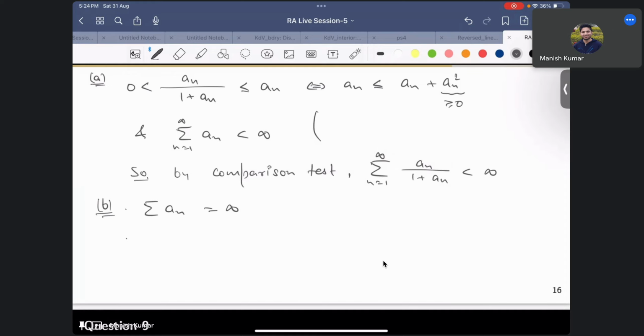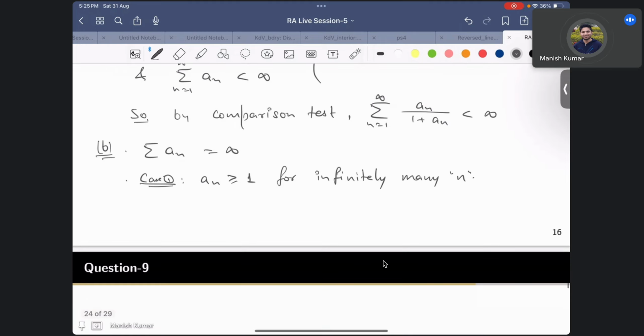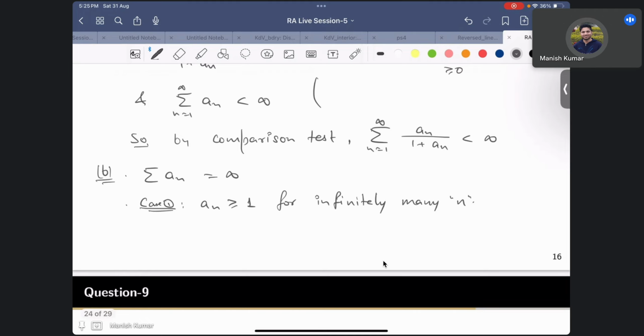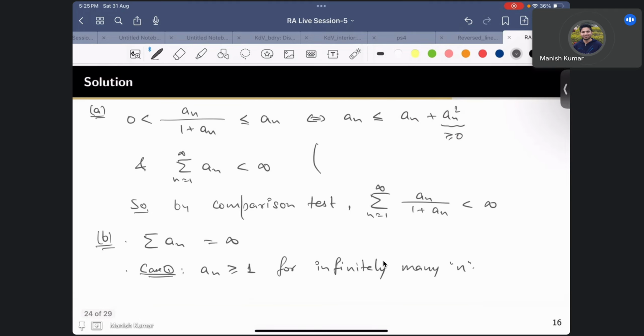So case 1 is when an is greater than or equal to 1 for infinitely many n's. Okay, and how to do that? You know that in this case, if an is greater than or equal to 1, you just keep this term in mind.